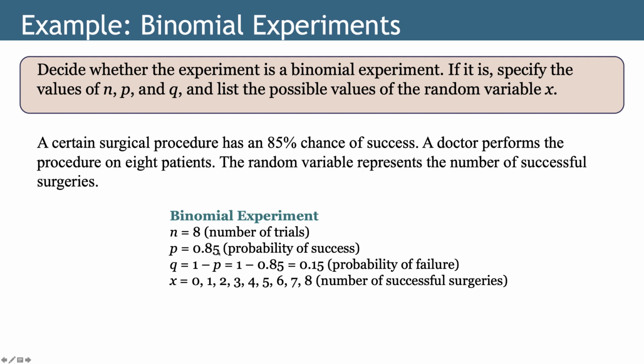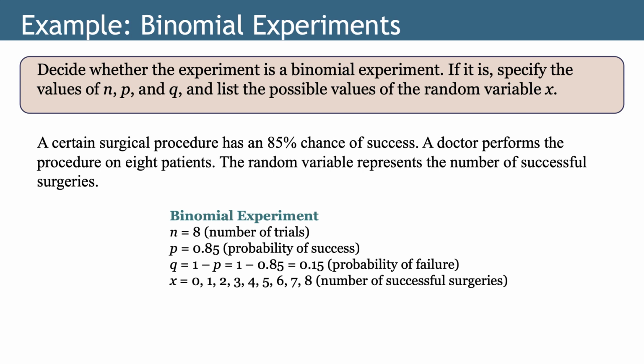Probability of success is 0.85, just writing that as a decimal. So probability of failing, the opposite of that, is 0.15. And x would be, well, if they did this 8 times, you could have 0 successes, 1, 2, 3, 4, 5, 6, 7, or 8 successes, right? So there you go. There's all your variables.